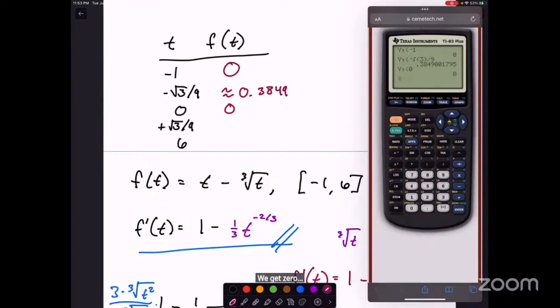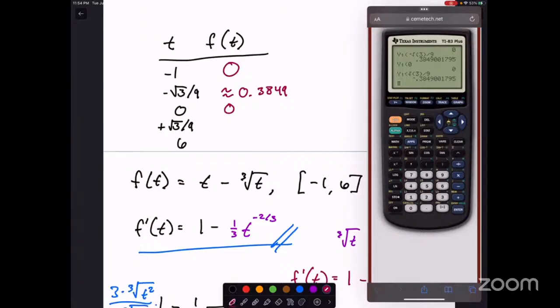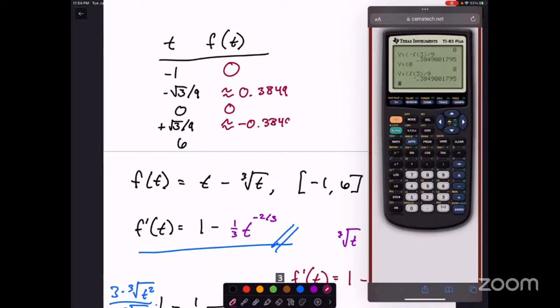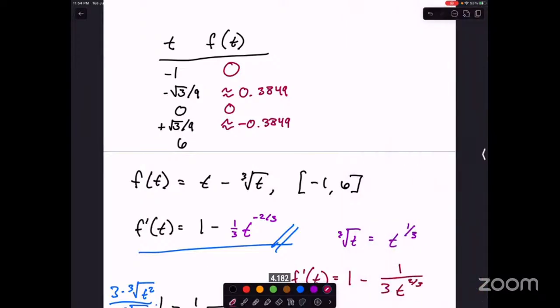Let's do the positive square root of 3 over 9. Okay, I think we get the same number but negative, so it's going to be approximately negative 0.3849. Okay. And then when t is 6, we get 4.1829.